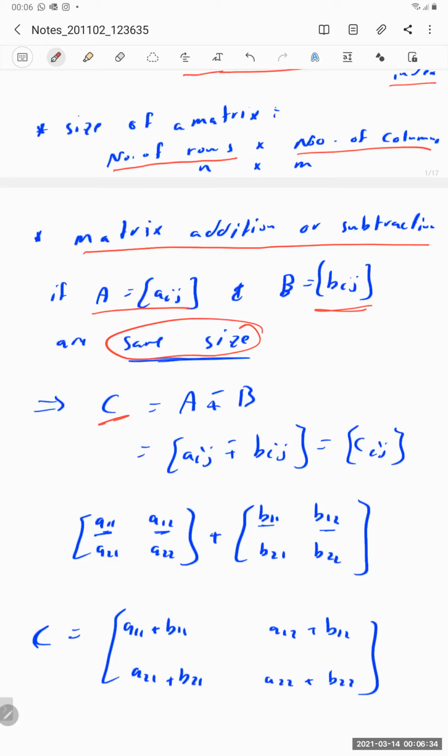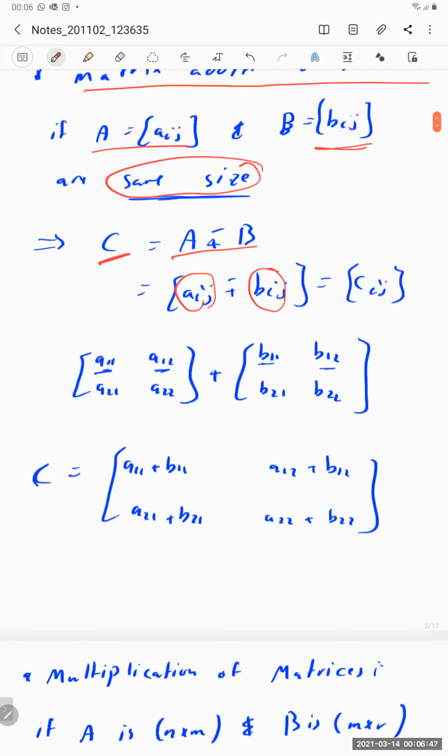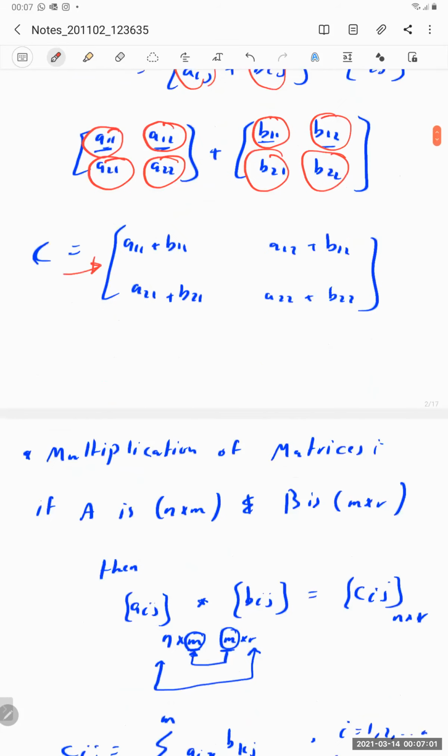So whatever resultant matrix C, which is equal A plus or minus B, هتيجي تعمل addition or subtraction لكل element مع element المقابل له بالother matrix. So A11 plus B11, A12 plus B12, A21 plus B21, A22 plus B22. So this is the resultant C matrix الناتج عن حاصل جمع two matrices A and B.